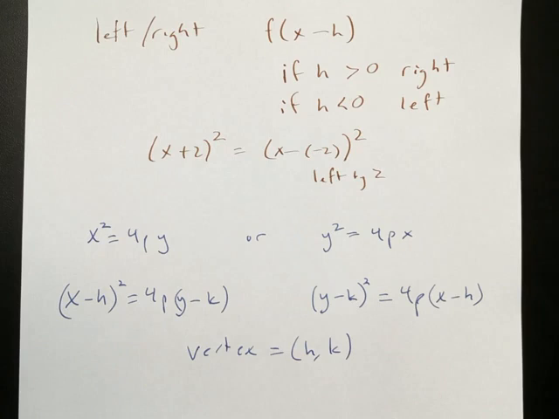So this one is still opening up or down. And that depends on the number p. If p is positive, we go up. If p is negative, we go down. How far? We go up by p or down by p, from the vertex to the focus and the directrix. So I change the way I get the information out of my problem.